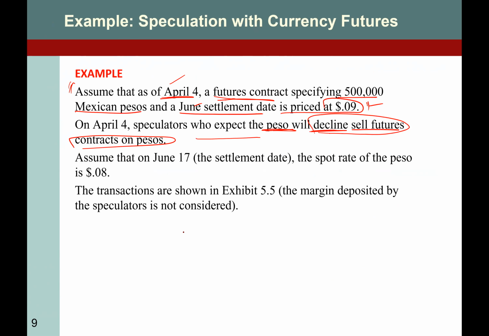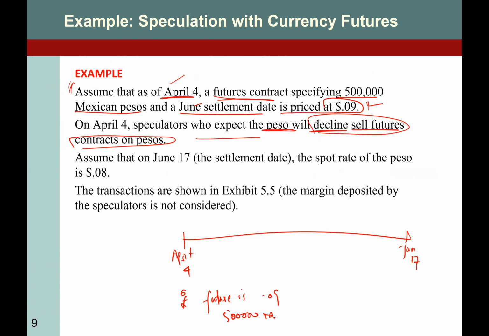So when the settlement date arrives, from April 4 to June 17, you enter into this contract in which you say the future rate is 0.09 and the reference amount is 500,000 Mexican pesos, and that's it.